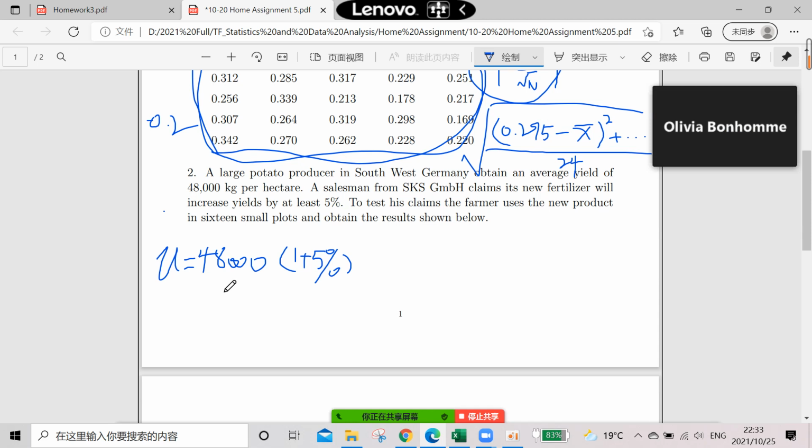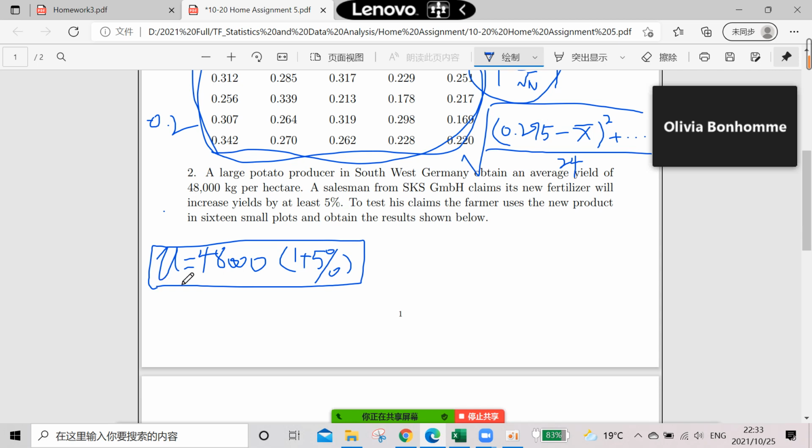So if I reject the null hypothesis, it's because it's less than 50,400. If you accept the null hypothesis, you are accepting this argument. Actually, we don't say we accept the null hypothesis, we always say we failed to reject it.